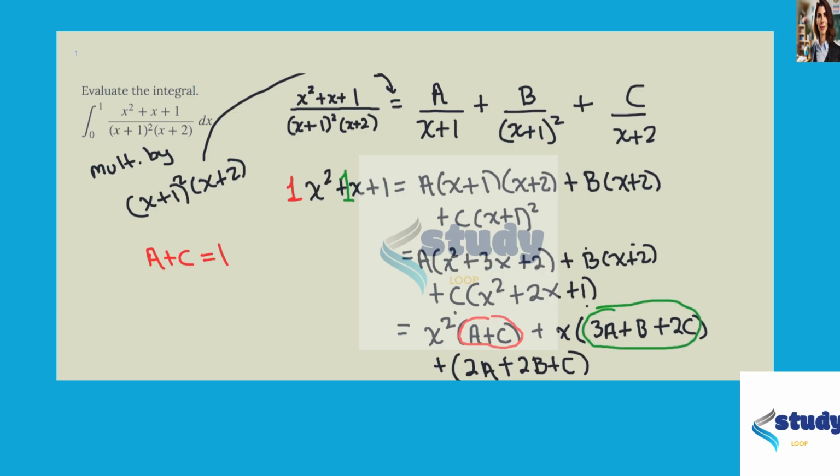So those are equal. And finally, the constant term on the left is 1. The constant term on the right is 2A plus 2B plus C. So those have to be equal. We'll have a 3x3 system in the coefficients A, B, and C, which we can solve. Let's go to the next page to do this.